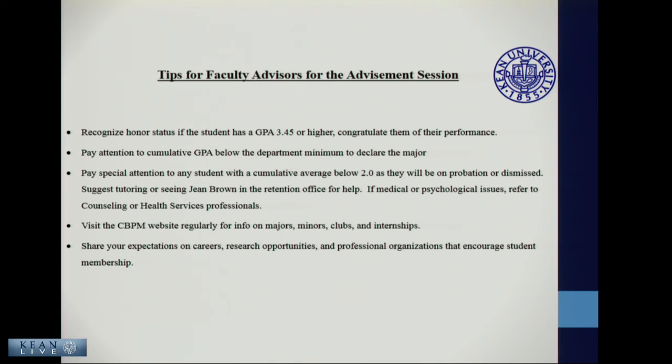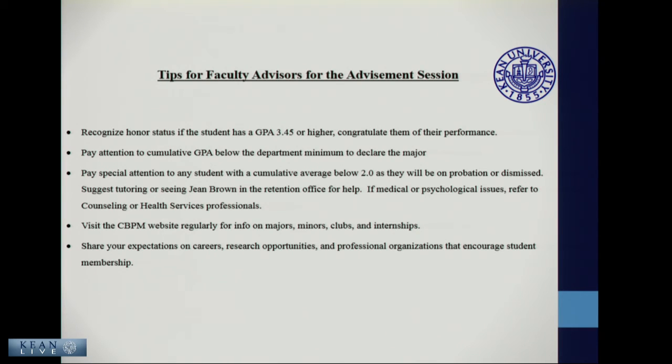Now, on the other end of the GPA spectrum, you want to pay attention to people who have below 2.0. I know there's some people in the audience whose job it is to watch those students, okay, in particular. But everybody has to be attuned to a student that falls below 2.0. They're going to be on probation, or if that continues, they will be on the dismissal list. And they will get a nice letter.